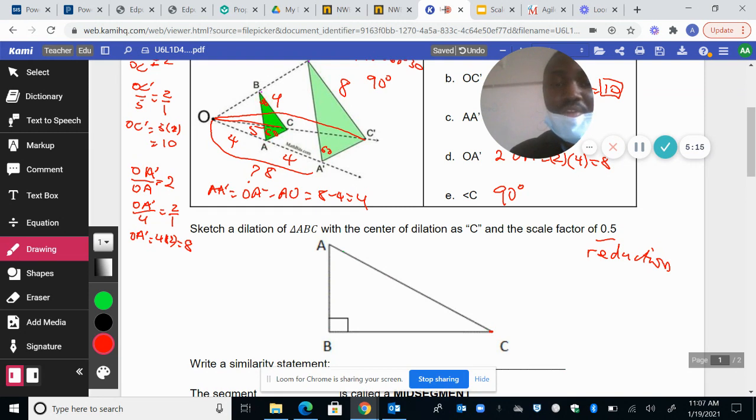Then I'm going to find the midpoint of AC and call it A prime. I'm also going to find the midpoint of BC and call it B prime. This segment A prime B prime is what we call the mid-segment.